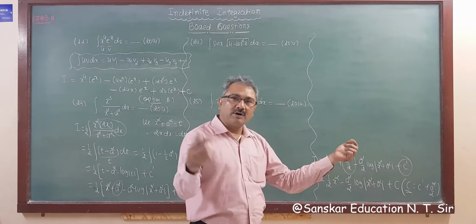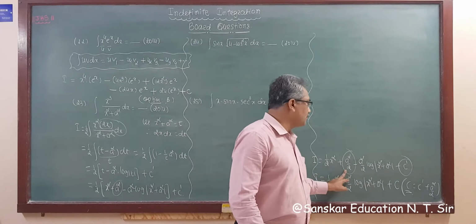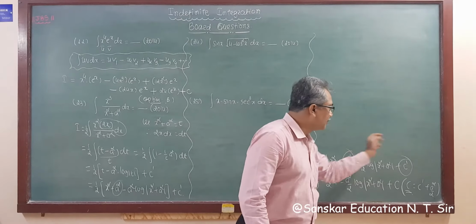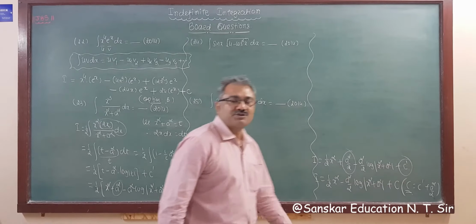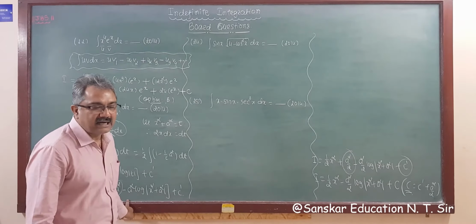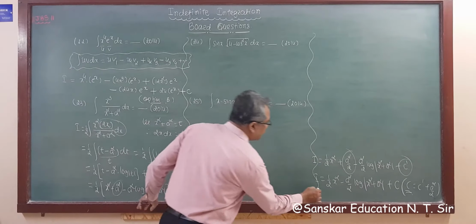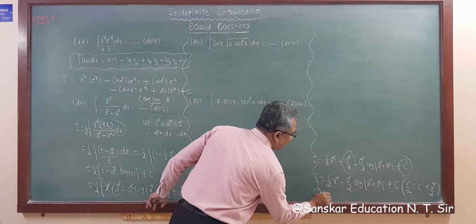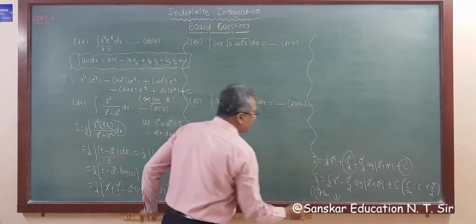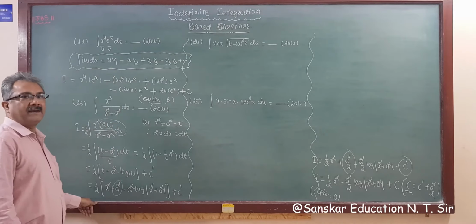So in all these options, a square by 2 like this constant is involved in the arbitrary constant, that is in c. So the proper answer is option D. Option D is your correct answer, right? I have to go from here to here due to this explanation.